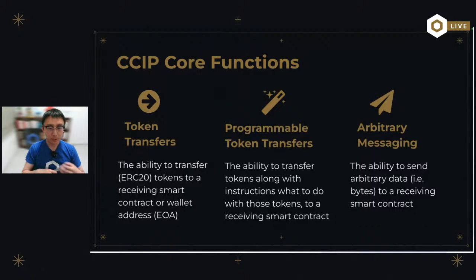For example, if you want to cross your USDC or some other tokens from the Ethereum mainnet to some layer 2 like Scroll or Arbitrum, and then you want your tokens to be staked on the other blockchain, you need to bind the tokens with the following instructions and send both together to another chain, so your tokens can be cross-chain and can be executed on the destination chain. This is what we call programmable token transfers.